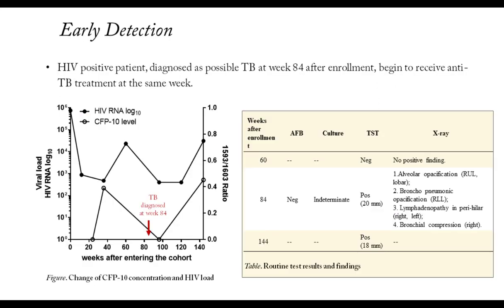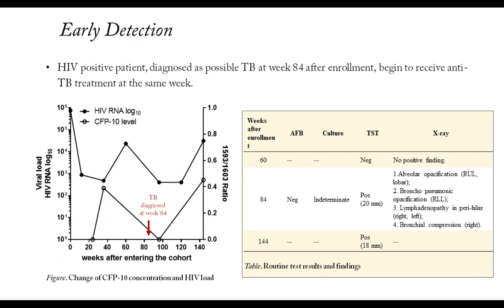And there's a special case I would really like to present because it's so interesting. This is a single case. This child was recruited at 3 months old, starting from week 0, and at week 84 he was diagnosed TB positive.